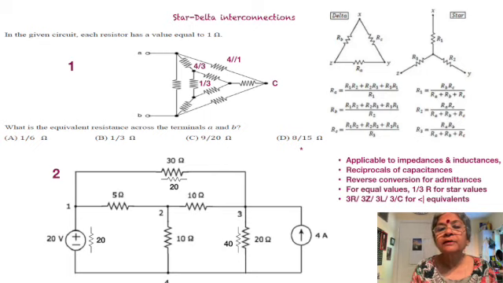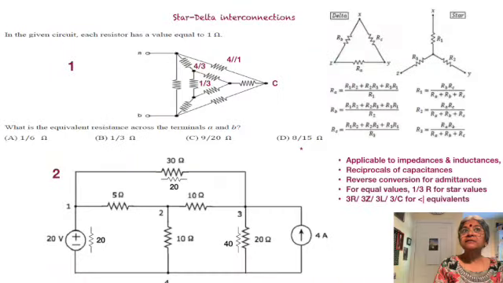Okay, so this is how you can derive star to delta, delta to star, just from the physical concept of things. This kind of conversion is applicable to resistances, impedances and inductances. For capacitances, it is applicable, but reciprocally.